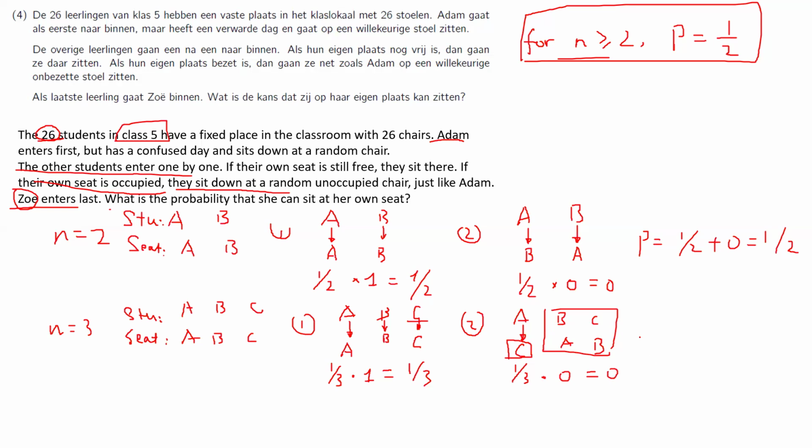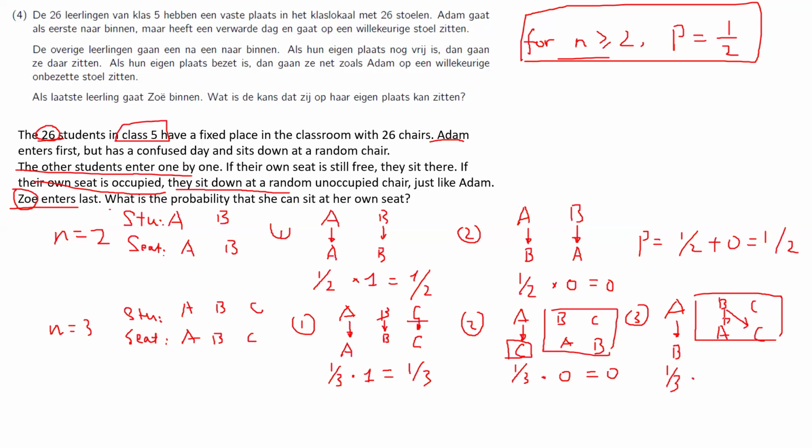But still, we have the third case. The third case is that A selects the seat B instead. Okay, in this case, we still have B and C, 2 students, and the seats we have are A and C. If A selects B, that is probability 1/3. And for this case, if B selects C, there's no chance.